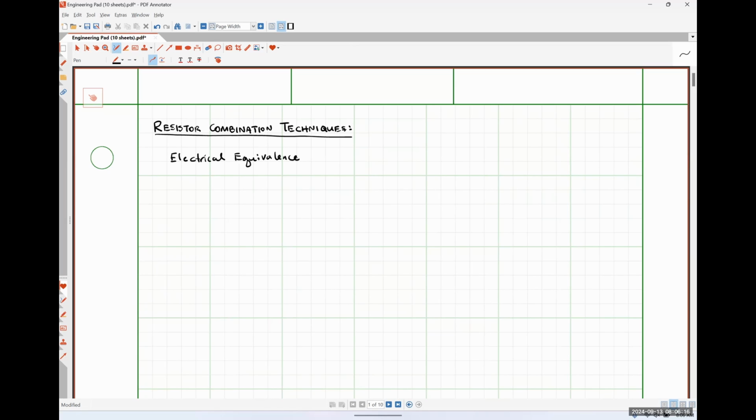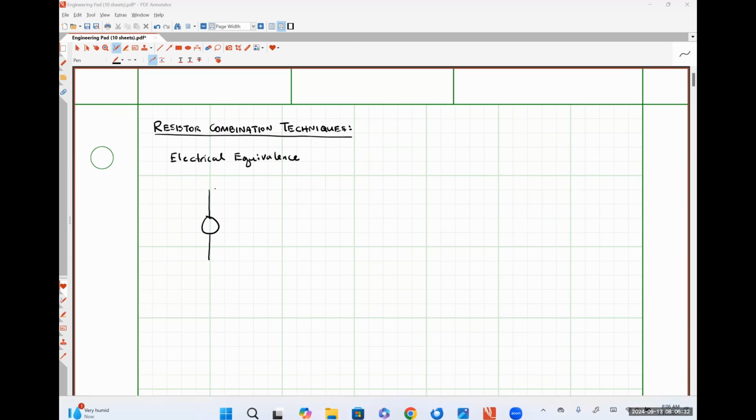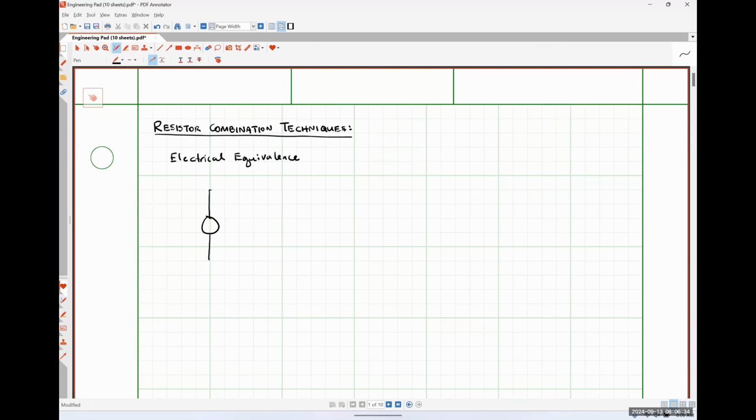So let's say that I have some sort of excitation source. It doesn't particularly matter if this is a current source or a voltage source, which is why I'm leaving the middle of that circle blank, okay? And I am electrically exciting some network, okay?